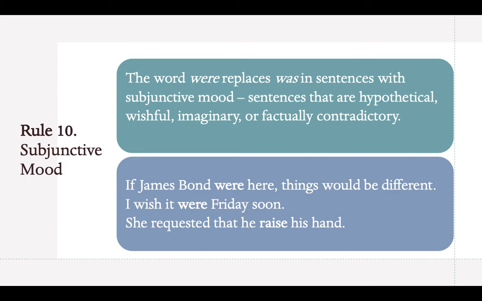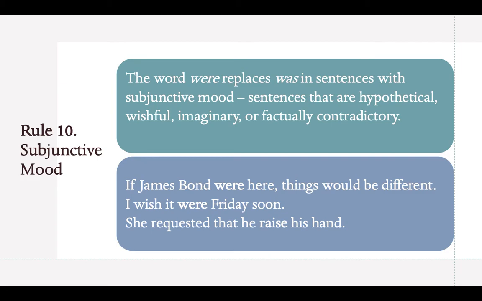Therefore, I don't say if James Bond was here, things would be different. Grammatically that is correct, but subjunctive mode convey cheyna samayatha we use the plural verb. If James Bond were here, things would be different. I wish it were Friday soon. I don't say I wish it was Friday. Adalla sheri. I wish it were Friday soon.